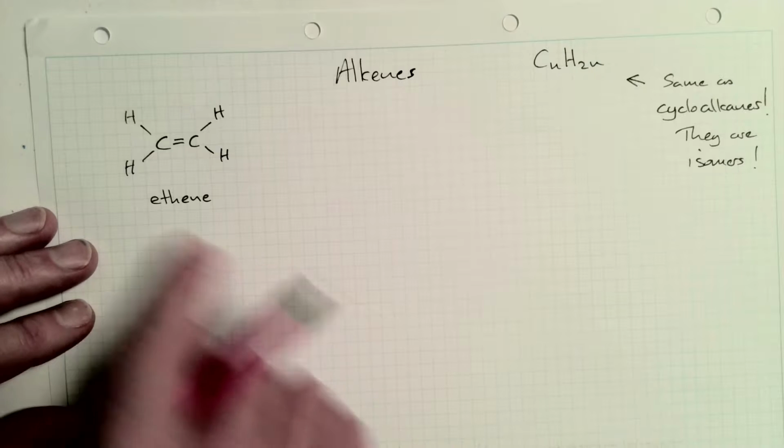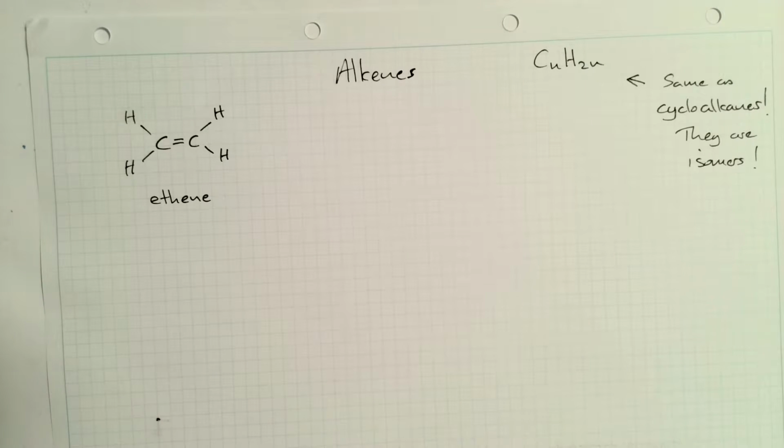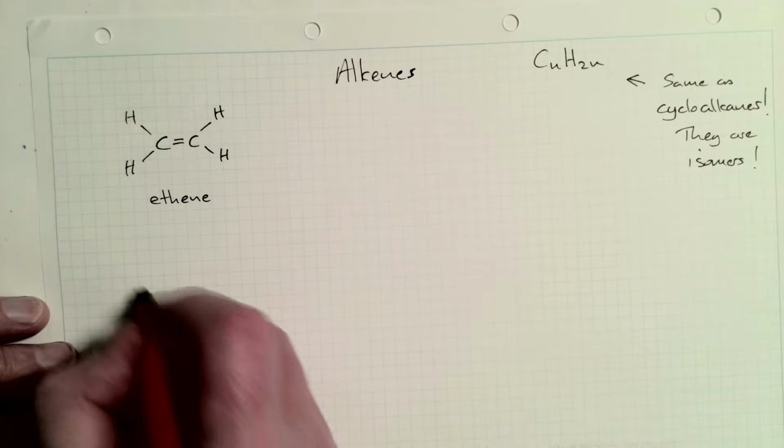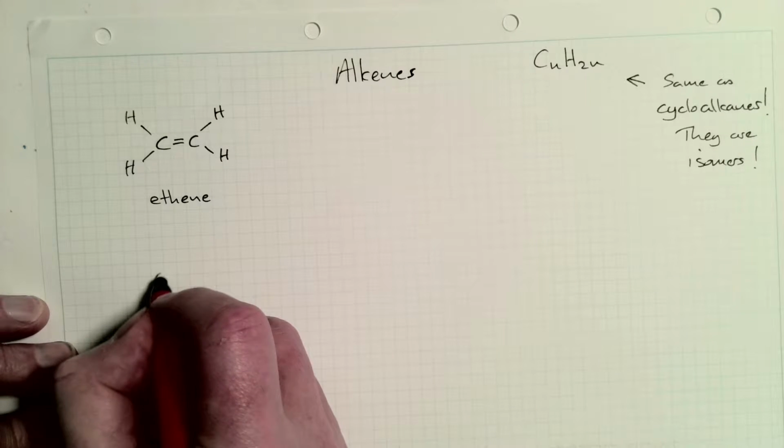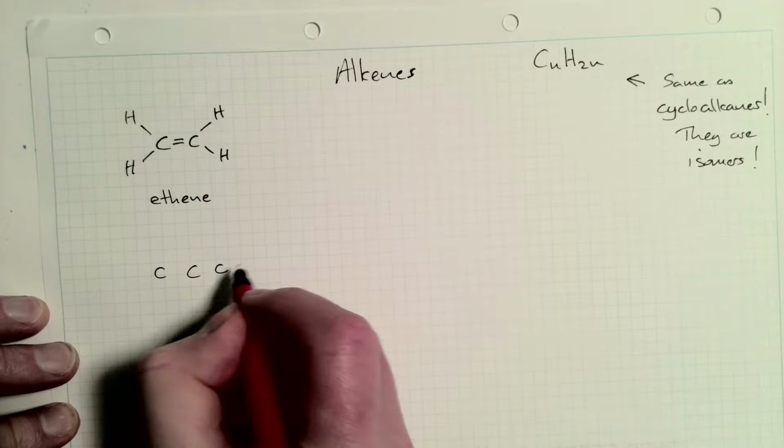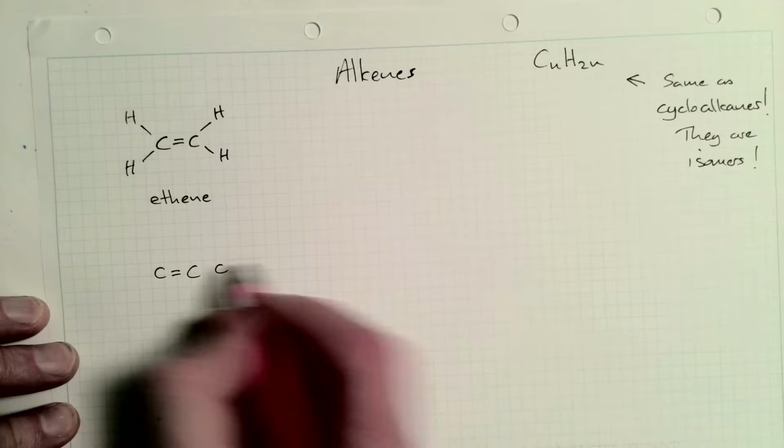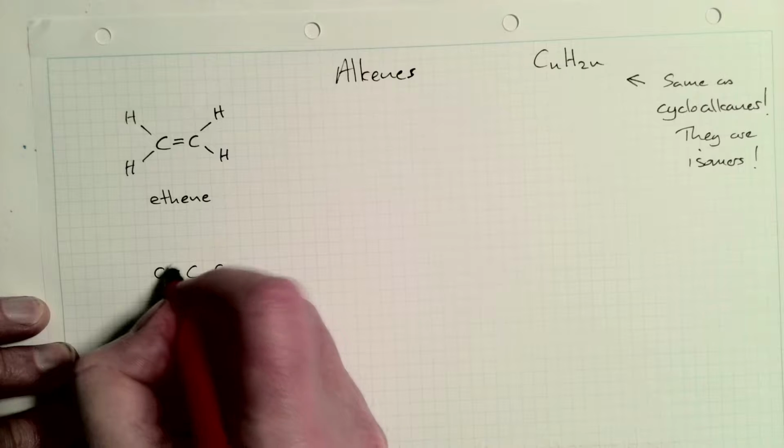Okay, so let's look at the next one. Remember, we've got meth, eth, prop. So we'll have a look at propene. Again, this is 3 carbons, 1, 2, 3. We're going to have a double bond in the structure.